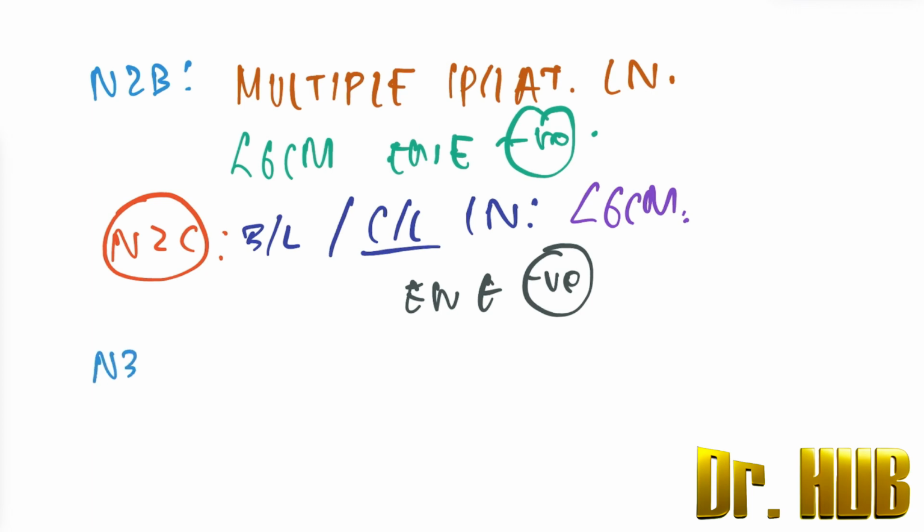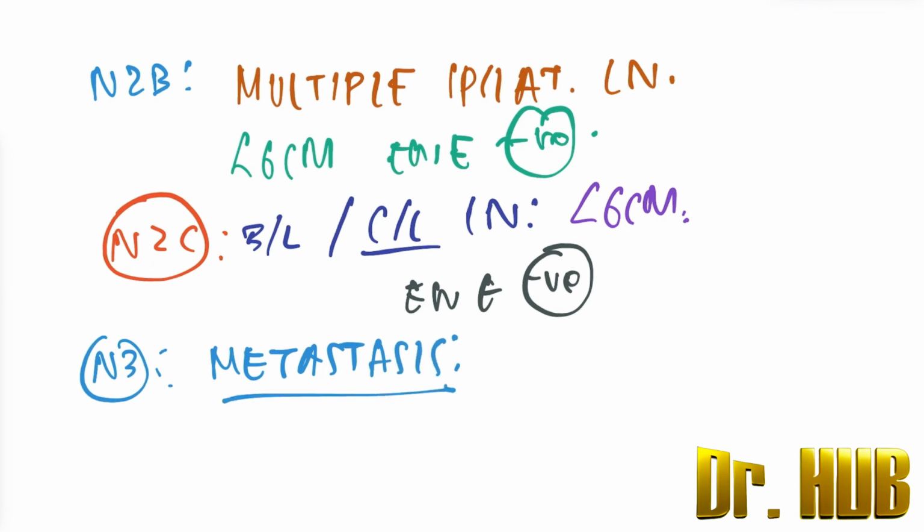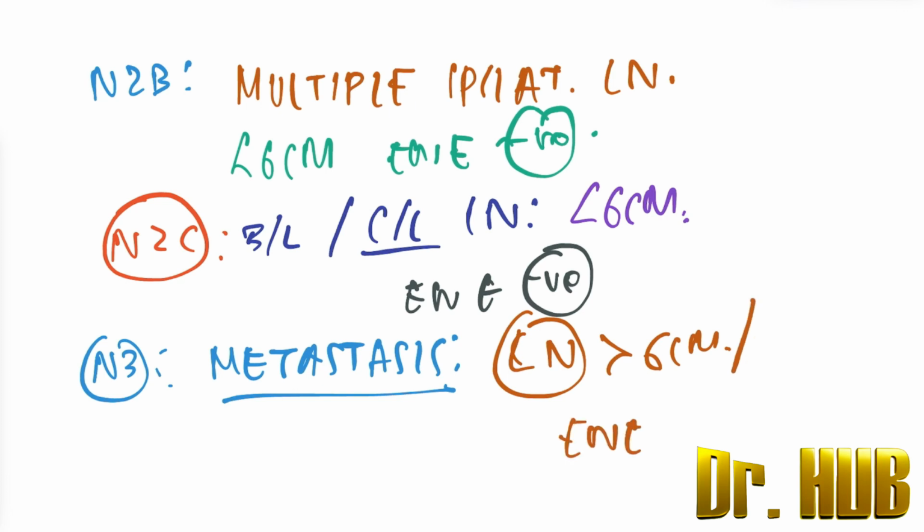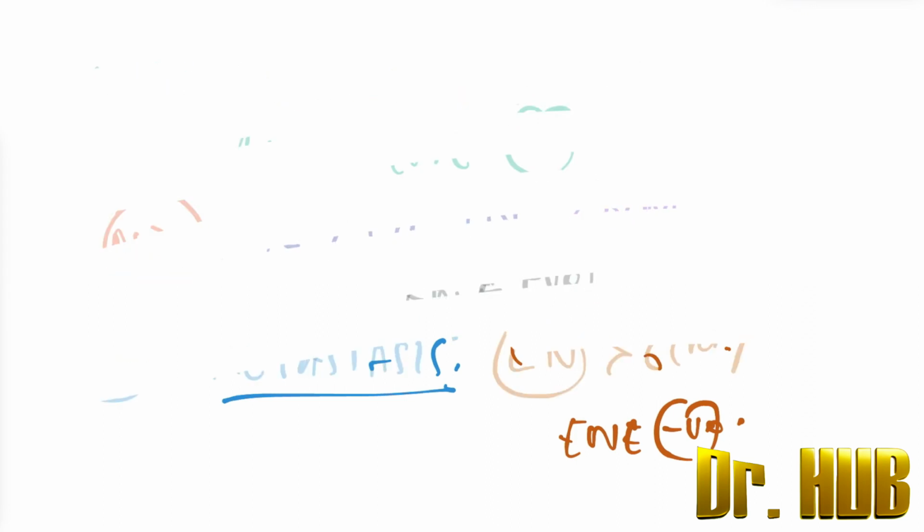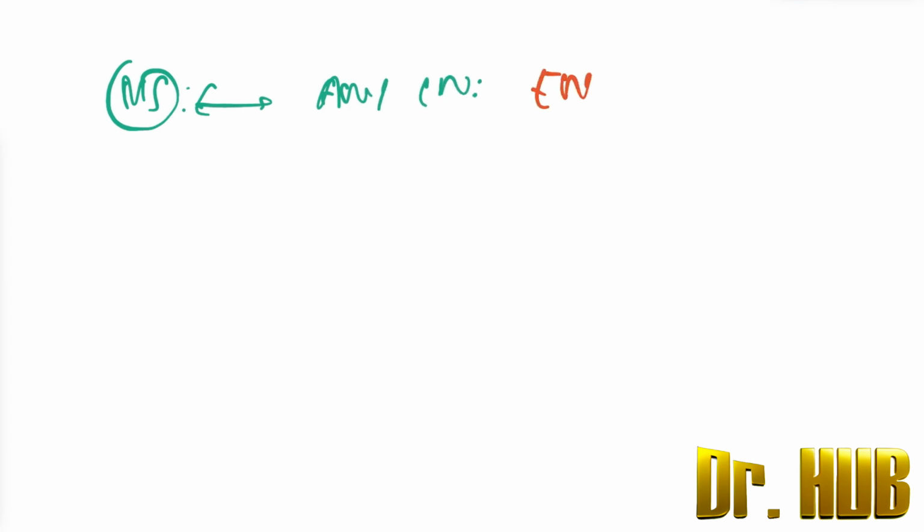Then comes N3. N3 is a lymph node greater than 6 centimeters and ENE negative, or metastasis in any lymph node that is clinically overt ENE positive.